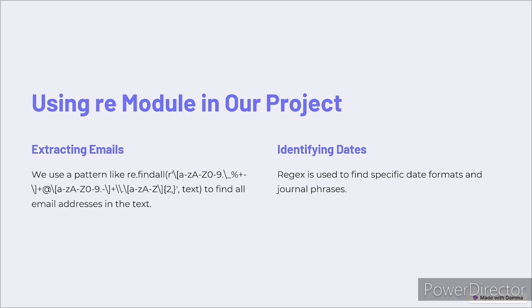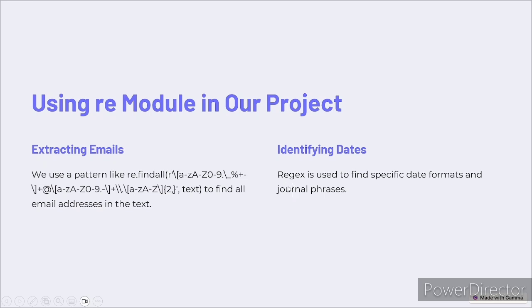In this project, the RE module is mainly used to search for patterns within the extracted text. For example, for extracting the email, we can use a pattern like re.findall, this regular expression, to find all the emails in the text.